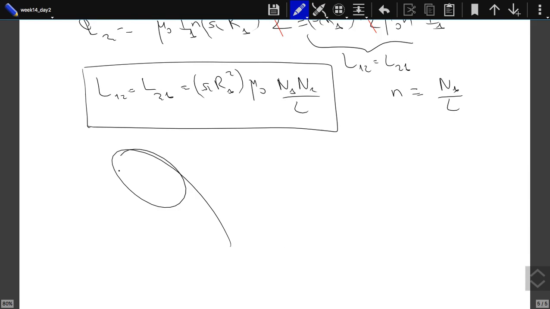So if you just take your circuit, there is a current running through your circuit. There will be a flux passing through your circuit, and that flux will be proportional to I, the current passing through the circuit, and the proportionality constant is called the self-inductance.